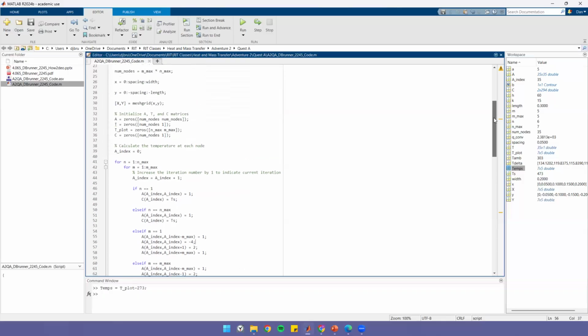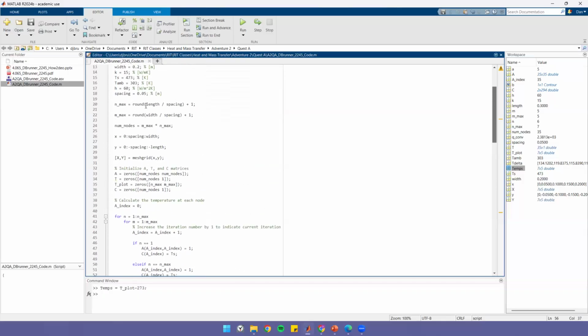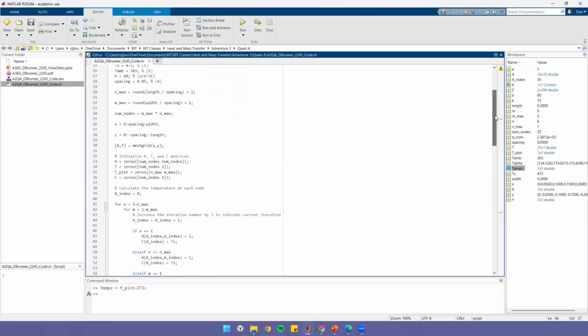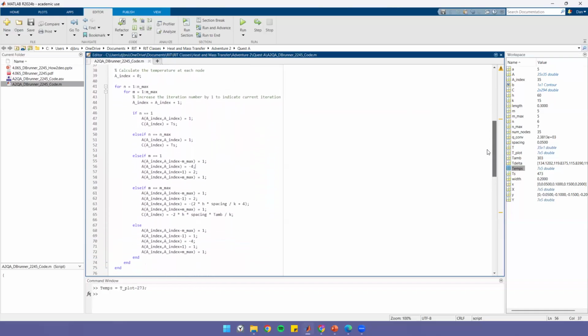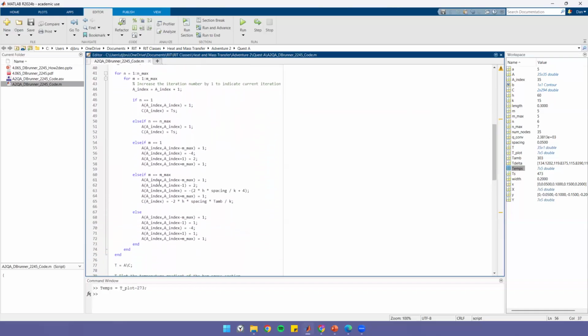N max is a number I calculated up here, and that is the total number of nodes in the y direction, so the vertical nodes. And then the same goes for the horizontal x direction nodes. We've got m equals 1 and m equals m max, which represent the left and right sides of the bar.